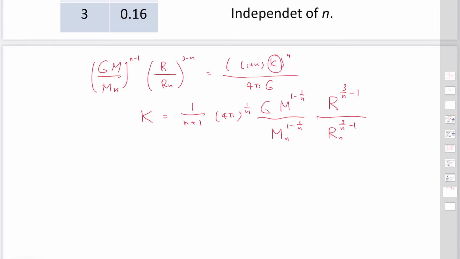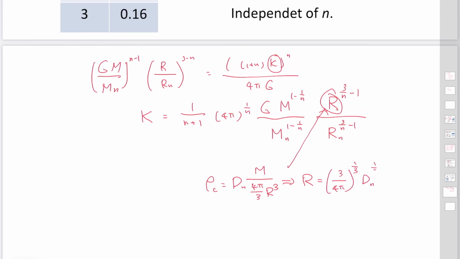So for this equation, you can substitute R. This R is from the central density, expressed as D sub n over 4 pi over 3 R cubed. So from this equation, R is going to be 3 over 4 pi to the 1 over 3, M to the 1 over 3, rho sub c to the minus 1 over 3.